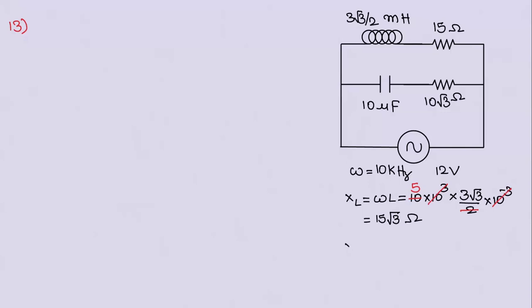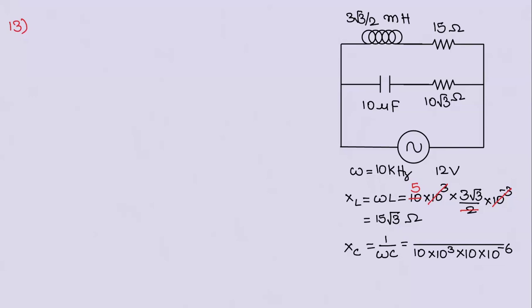Fine. XC. XC is equal to 1 by omega C. What is omega? 10 kilohertz, 10 into 10 power 3. C is 10 microfarad, 10 into 10 power minus 6.